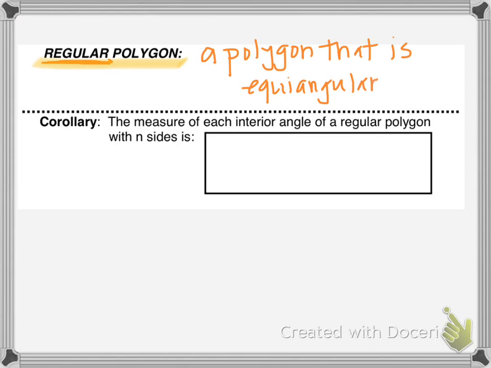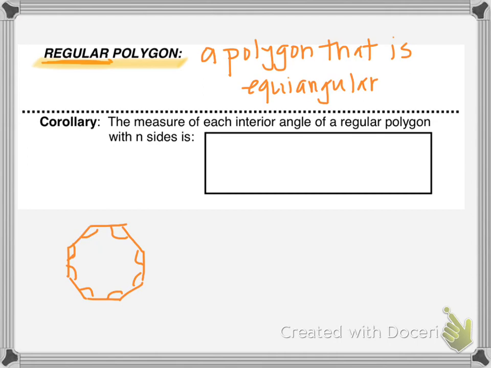So, for example, and I'll just draw a picture real quick. Usually when we think of an octagon, we think of it being very symmetrical, just like a stop sign, right? So in a stop sign, all of the angles are equal. This is an example of a regular polygon. These are the ones that you learned about when you were little, when you were first learning the shapes.